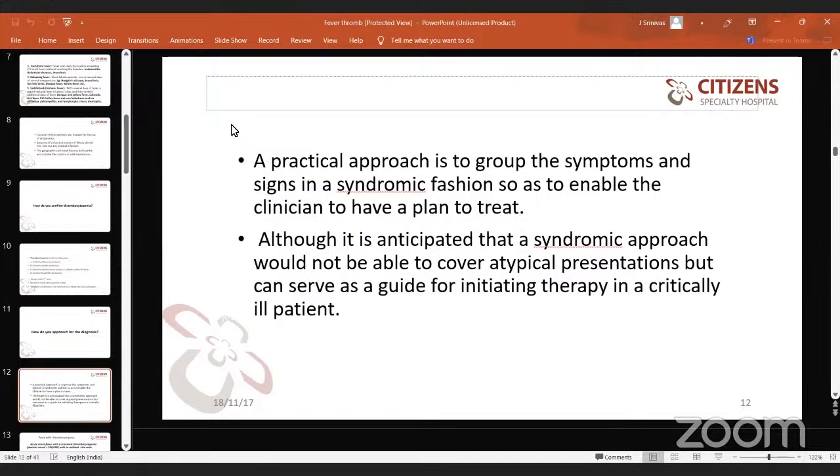Although it is anticipated that a syndromic approach would not be able to cover atypical presentations, it can serve as a good guide for initiating therapy in critically ill patients. Just like in the history, the syndromic approach will help us here, with both the clinical picture and the thrombocytopenia.